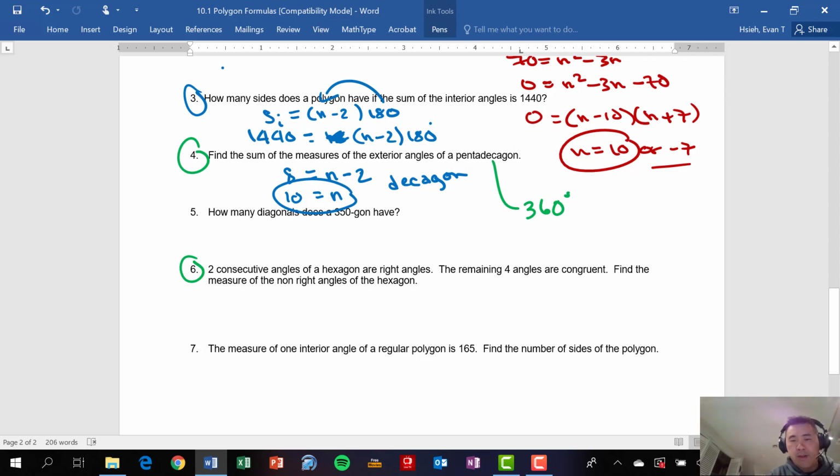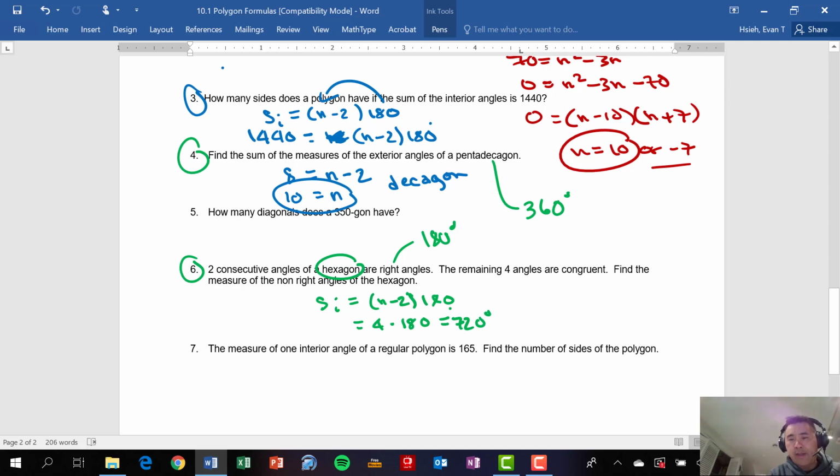So that's going to be 180 degrees there. And for a hexagon, we know that the sum of the interior angles equals n minus 2 times 180. So it's going to be 6 minus 2, or 4 times 180 degrees, which is just going to be 720 degrees.